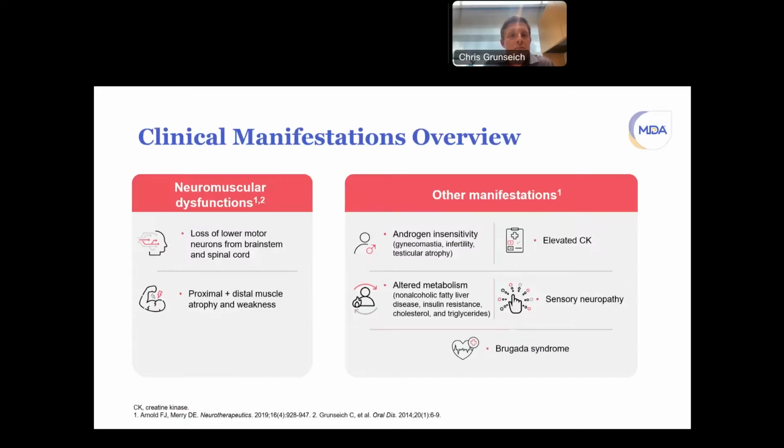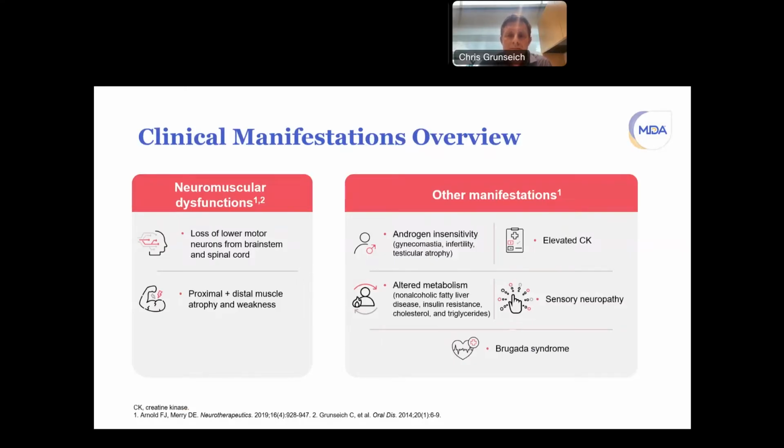This slide is showing some of the main clinical manifestations of the disease. We know that SBMA is a neuromuscular disorder. It will result in loss of the motor neurons both within the brainstem and in the spinal cord, and that results in weakness to those muscles that are innervated by those motor neurons. So weakness of the bulbar muscles and weakness of the limb muscles, both the proximal muscles in the upper arms and legs and the distal muscles in the hands and feet.